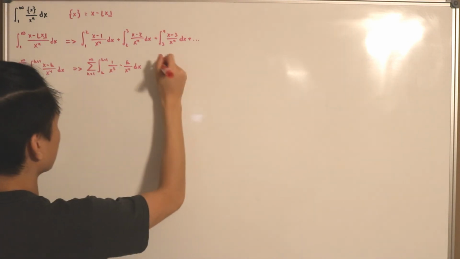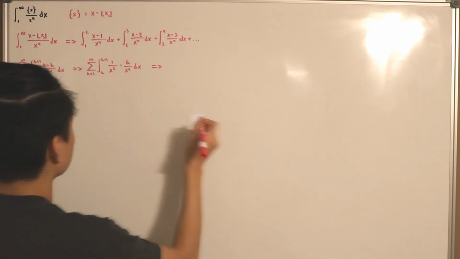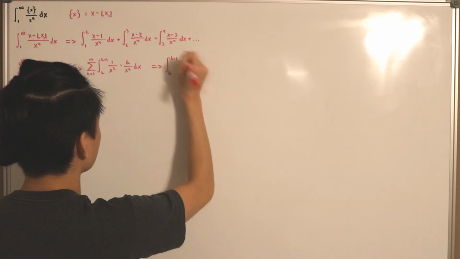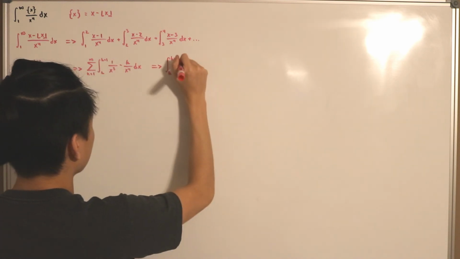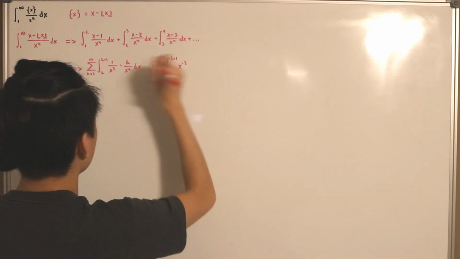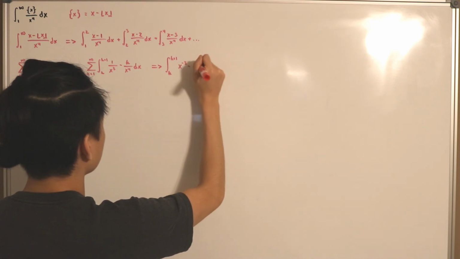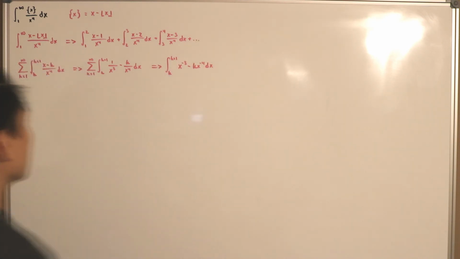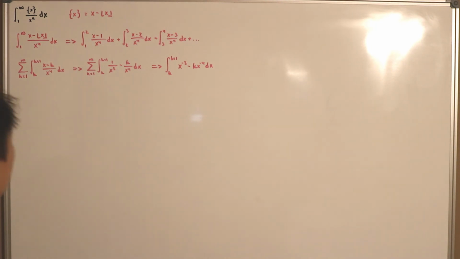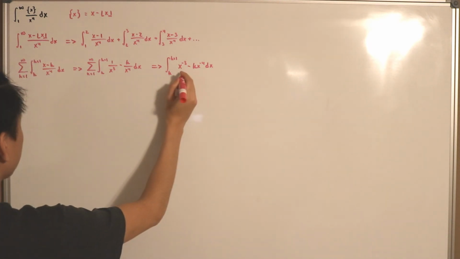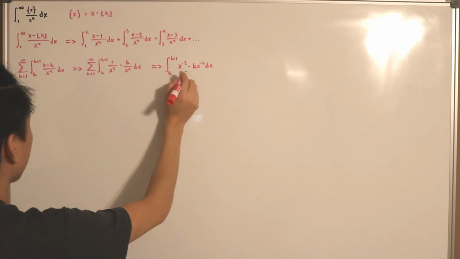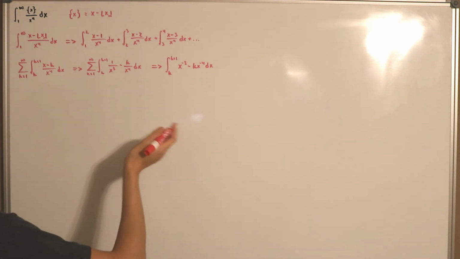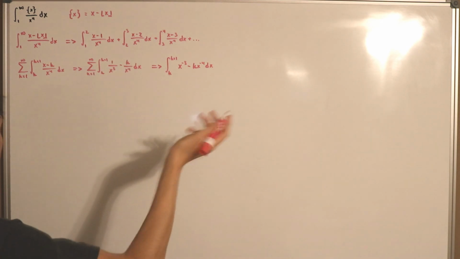Let's just ignore the summation for now and calculate the definite integral from k to k plus 1 of x to the negative 3, minus k times x to the negative 4, dx. Okay, sweet. When we take the integral of x to the negative 3, it's plus 1, negative 2, and then divided by negative 2.